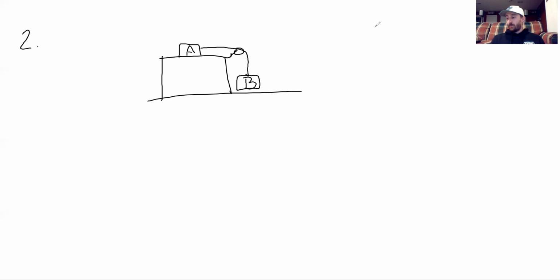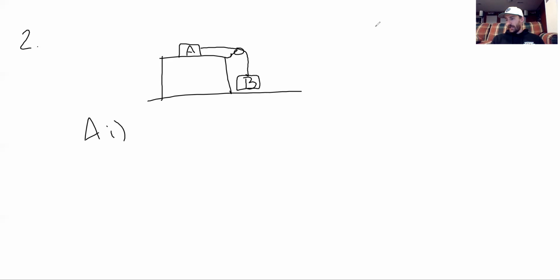There is no friction between block A and the tabletop. Block B of mass MB hangs from a light string that runs over a pulley and attaches to block A, as shown above. The pulley has no mass and spins with no friction about its axle. The blocks are released from rest. Part 2A.